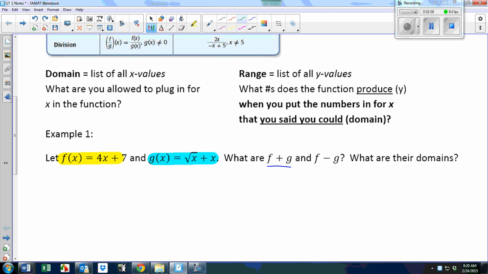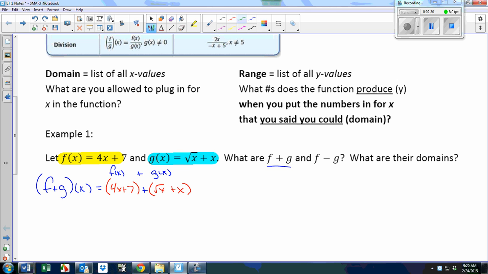So to find f plus g, you take the f of x function and you add the g of x function. Pretty intuitive. You take the 4x plus 7 and you add the square root of x plus x. With addition, those parentheses that I just put really don't matter, right?